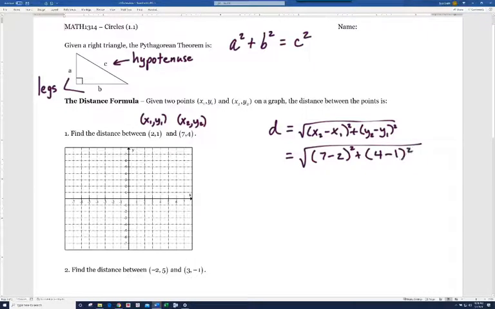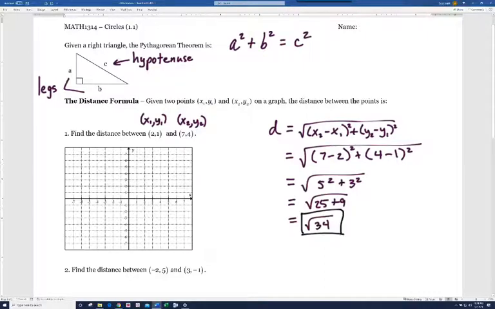And so we get 4 minus 1 squared. And so we're going to get 5 squared plus 3 squared under the radical here. Of course, 7 minus 2 is 5, and 4 minus 1 is 3. And so that's going to give us 25 plus 9, which is the square root of 34. So the distance between these points is the square root of 34.